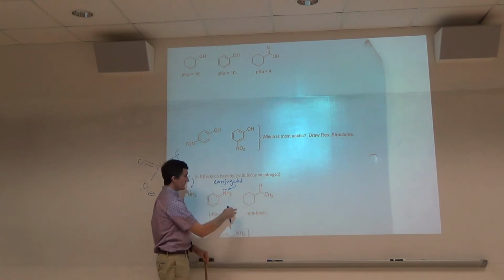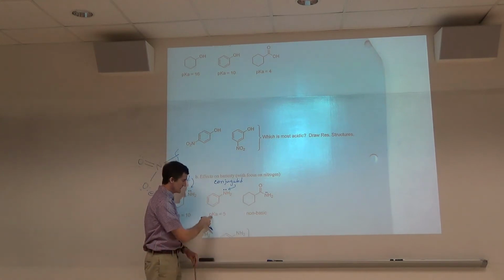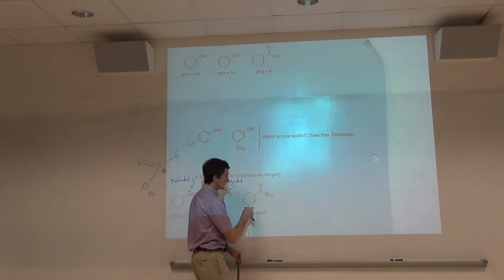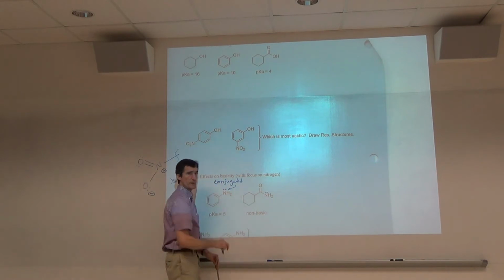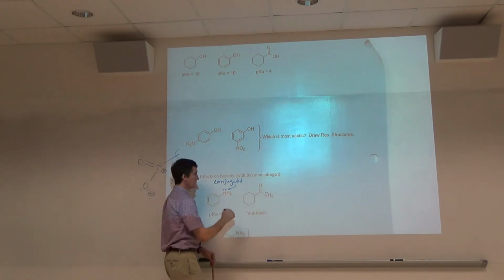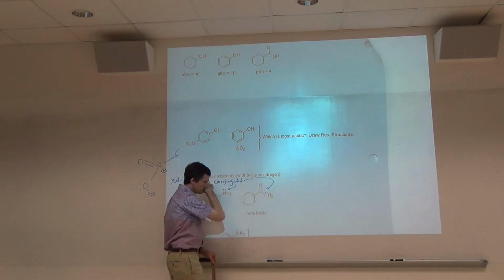Now these two may look pretty similar. This is almost non-basic. What type of orbital is that lone pair in? You see, it's also conjugated.